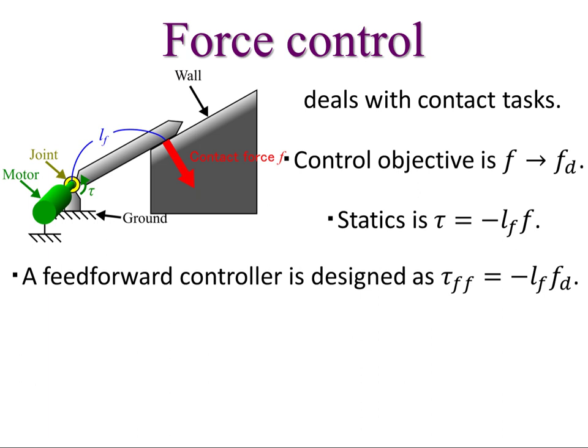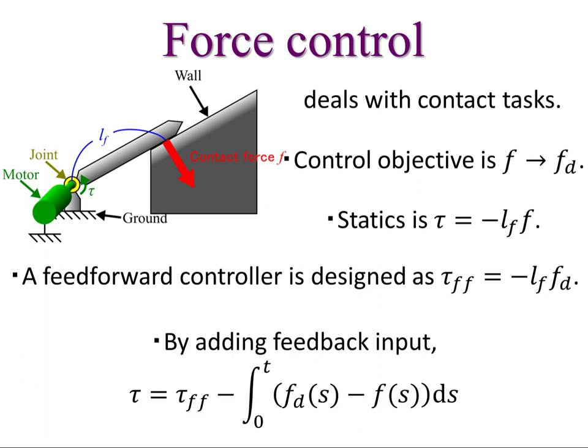Even if the robot is at rest, the desired joint torque cannot be achieved by the feed-forward torque alone due to modeling errors such as static friction of the robot joint. Therefore, the actual torque input is designed with the feedback of the force error as in this equation.